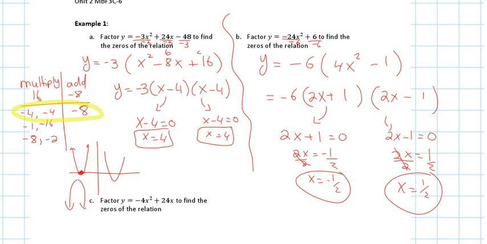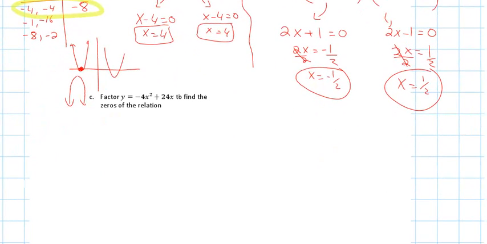So if I'm looking at the last equation, I have negative 4x squared plus 24x. What's the first thing I want to ask myself? Common factor. So what would be your common factor? Negative 4x, right? Because the first term is negative, I have to divide by a negative. 4 is a common number, and x is a common letter.